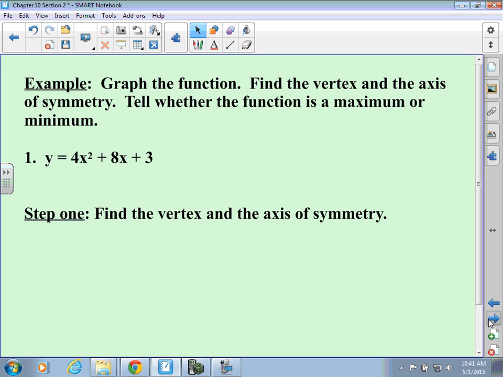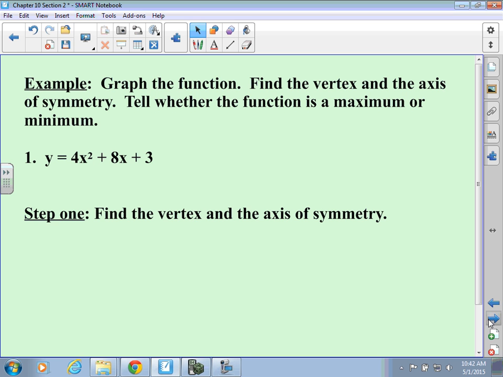If I were to graph this parabola and only plug in -1, 0, and 1, I'd get only part of the parabola. I wouldn't get that U-shape because, do you notice I have a B term here? It's going to shift to the left. And so I'm not going to get that U-shape if I plug in those numbers. It's not going to work.